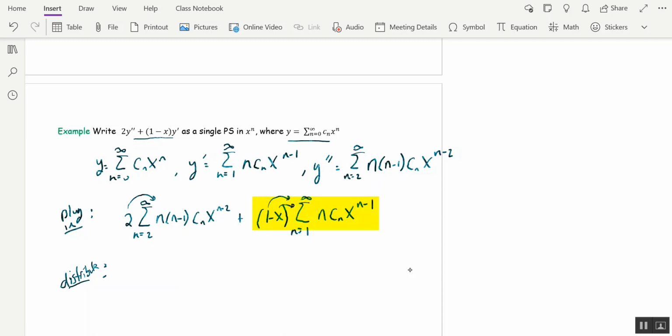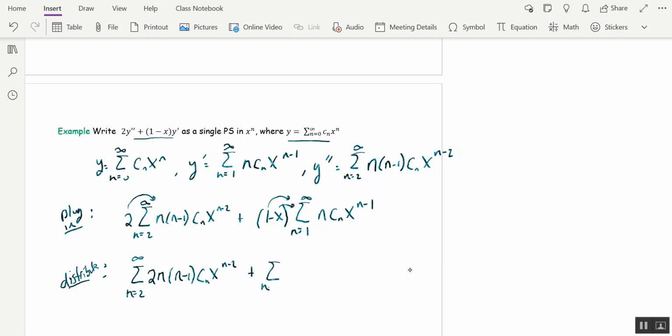So this expression right here is going to give me 3 power series. So I'll have the sum, n equals 2 to infinity of 2 n minus 1 c_n x to the n minus 2. And then I'll distribute the 1 first.